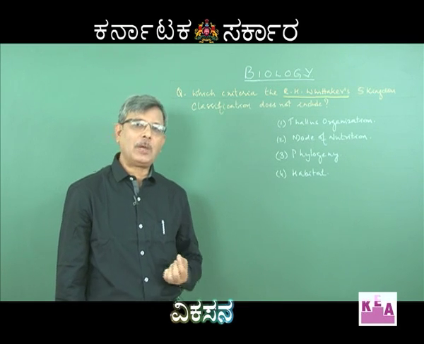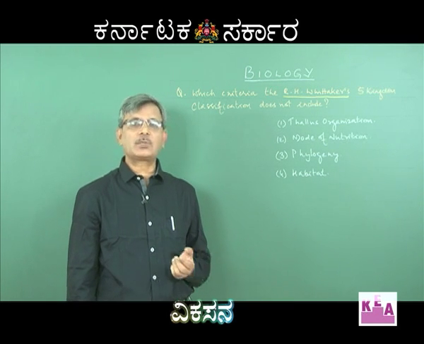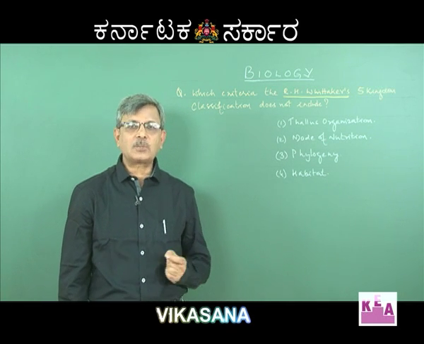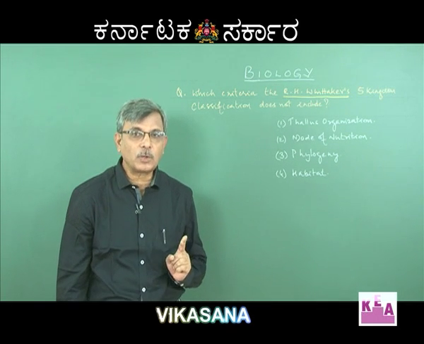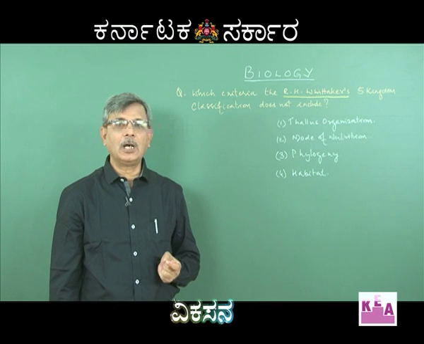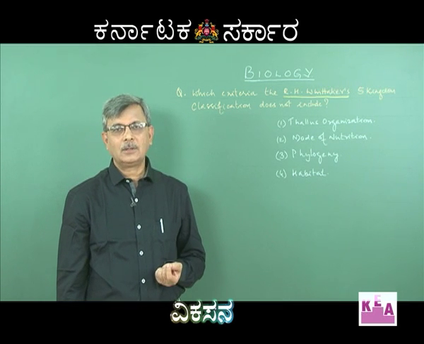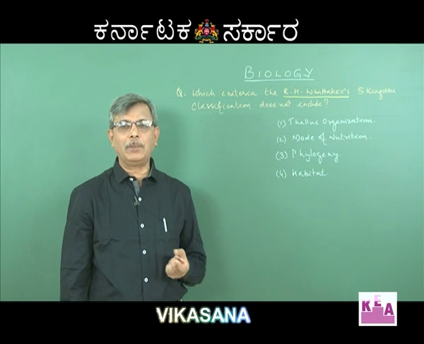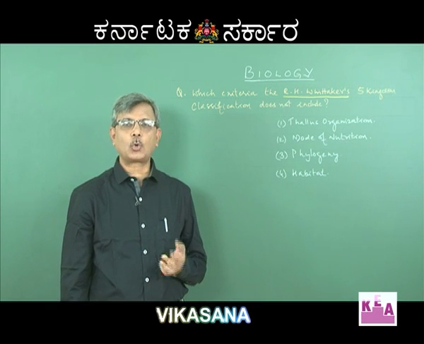And at the same time, I want you to know the 3 kingdom system and 4 kingdom system classification also. The 3 kingdom system classification, I hope all of you remember, was given by Ernst Haeckel, where he added 1 kingdom to Plantae and Animalia, that is Protista.